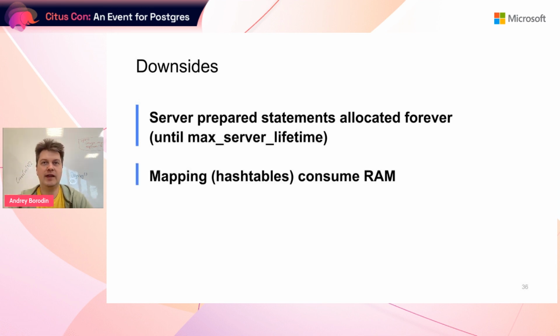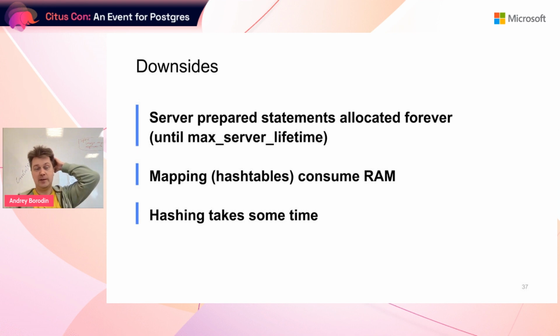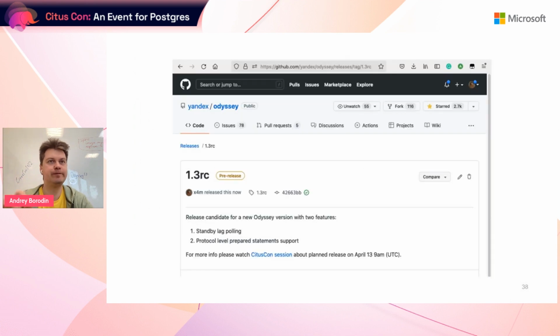Another downside is that the mapping consumes memory, and hashing of SQL takes some time. Actually, when the client is issuing prepare, it just takes time to hash. We use a quite efficient hash, so we expect this not to be a big problem, but it will allow new workloads to work with prepared statements and transaction pooling.